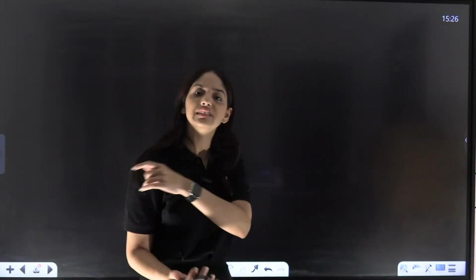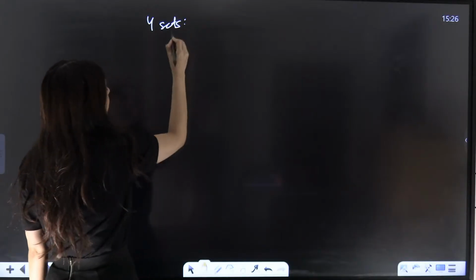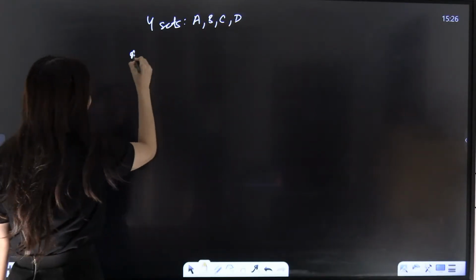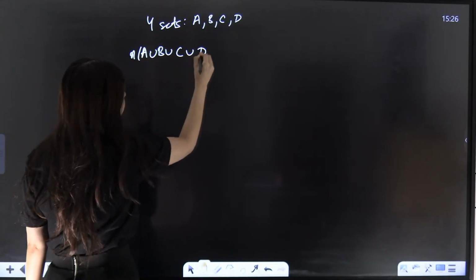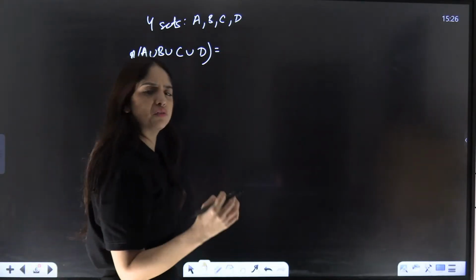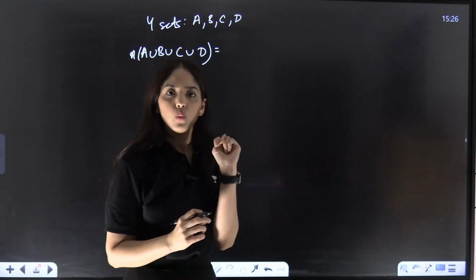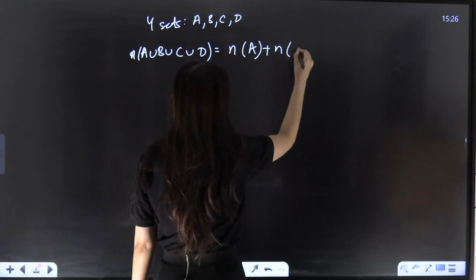Okay, so for example, if you have, let's say, 4 sets, we need to calculate A union B union C union D. What are we going to do? We're going to first add all the number of elements, in sets taken 1 at a time.